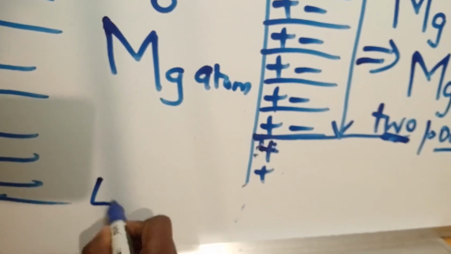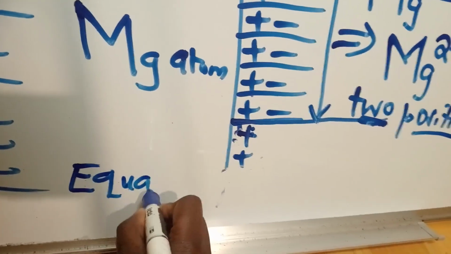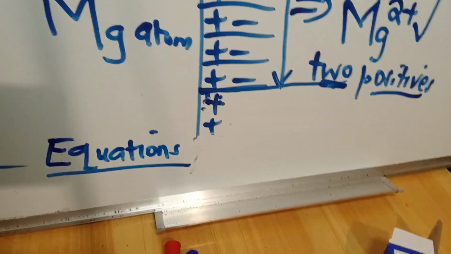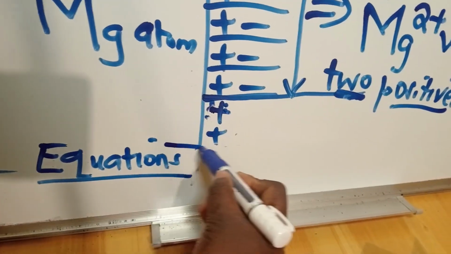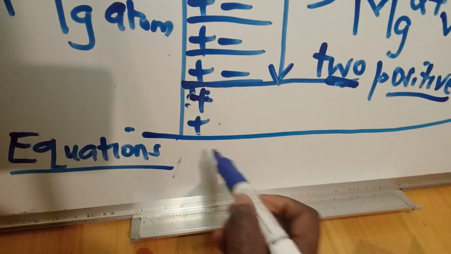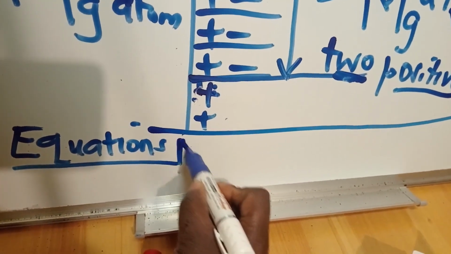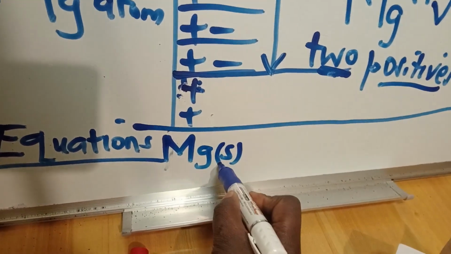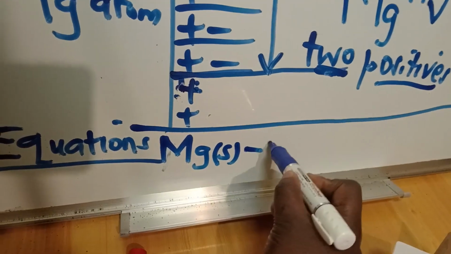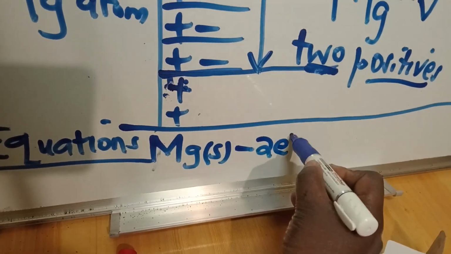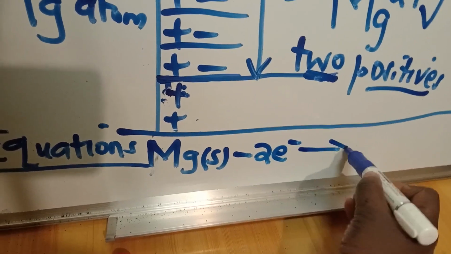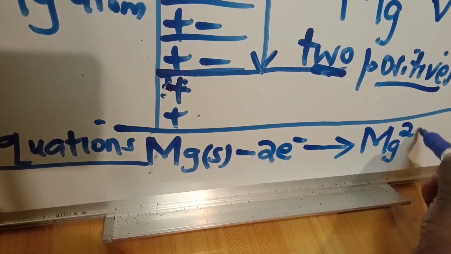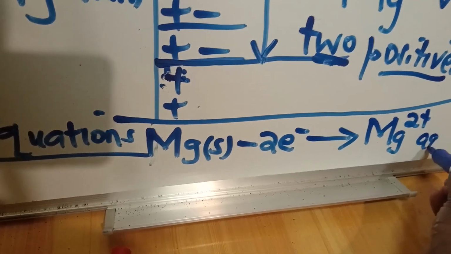We can write some equations here, 2 of them, and one of them is that we have a magnesium atom which is losing 2 electrons to form magnesium 2 positive aqueous.